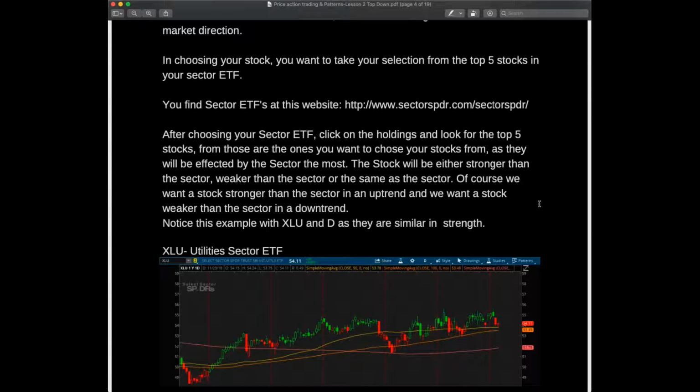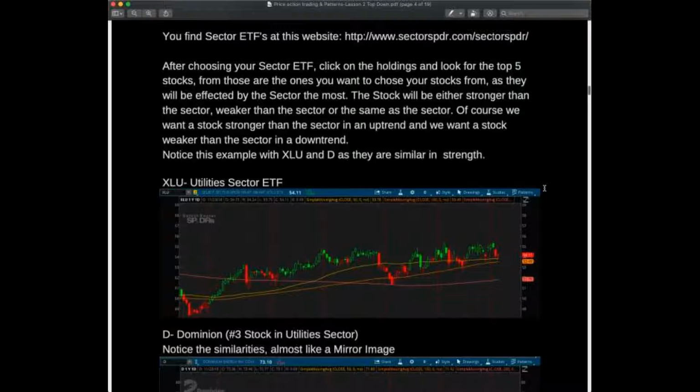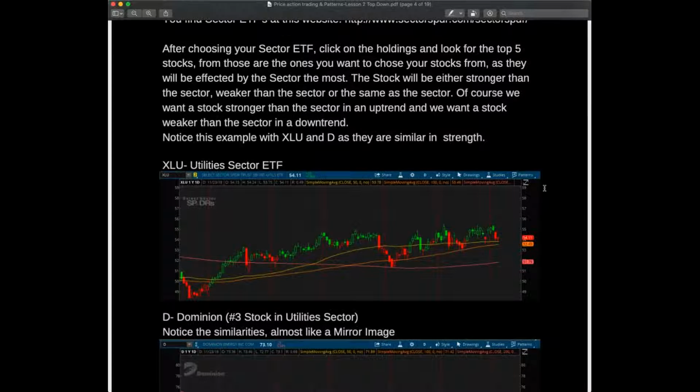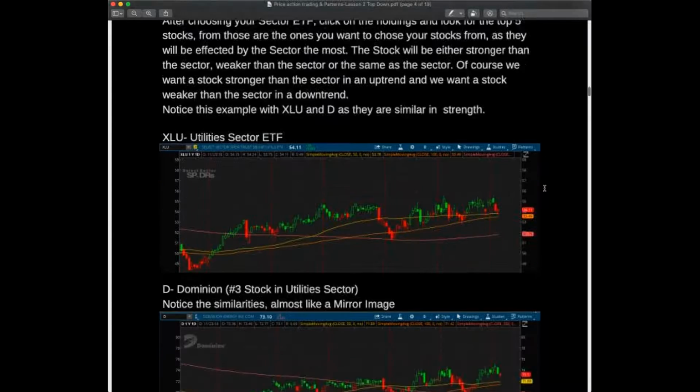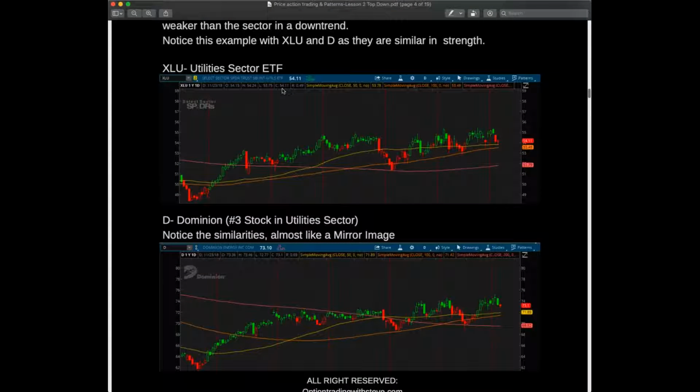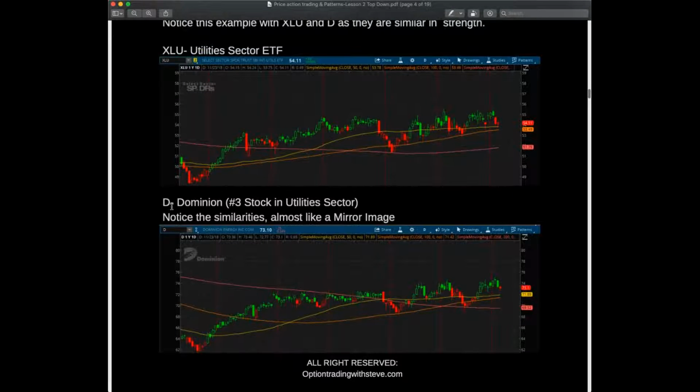Okay. So after you choose your sector ETF, you want to click on the holdings and look at the top 5. I went through this on the site. Here is an example. We have XLU, the utility sector ETF, and D, which is Dominion, the number 3 stock in the utility sector. Notice the similarities. They're almost like a mirror.